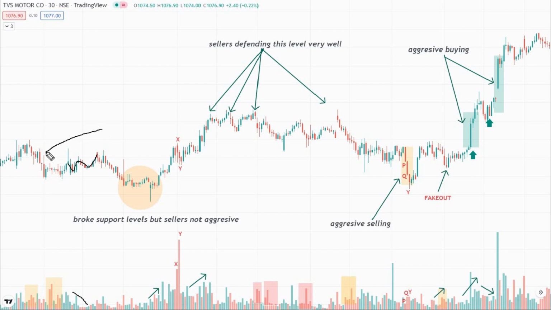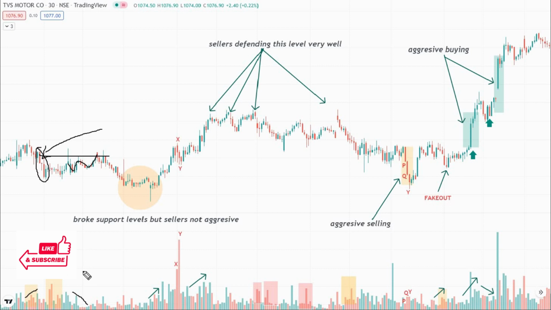Because see, where are we now? We are at a very crucial juncture from where huge selling pressure came into the market with an increase in volume. So here at these levels buyers have lost control at these price zones.